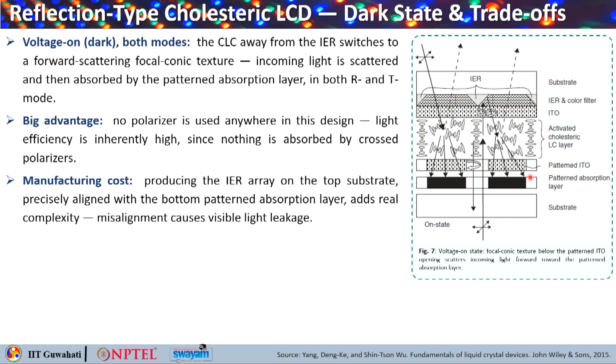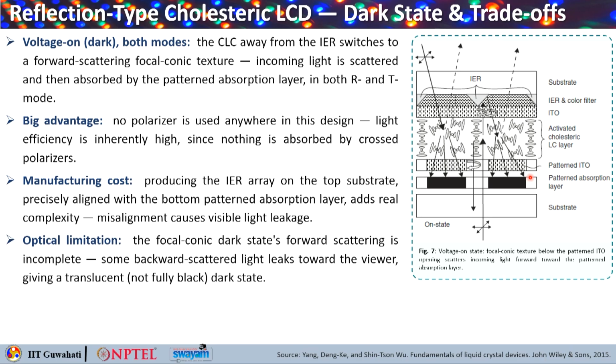That basically makes the photolithography and the cell assembly much harder than simply having a uniform layer, because here any misalignment will directly cause light leakage, which will degrade the contrast.